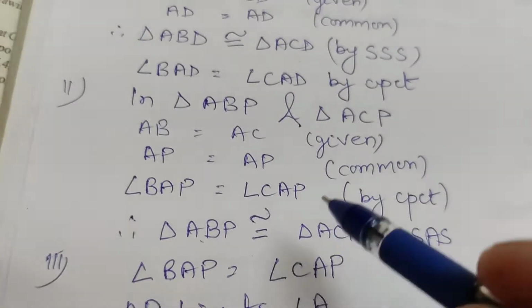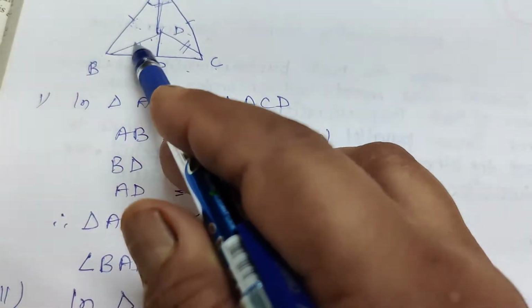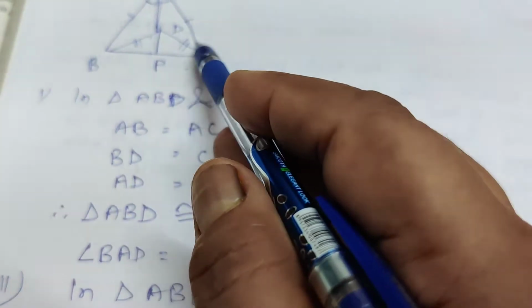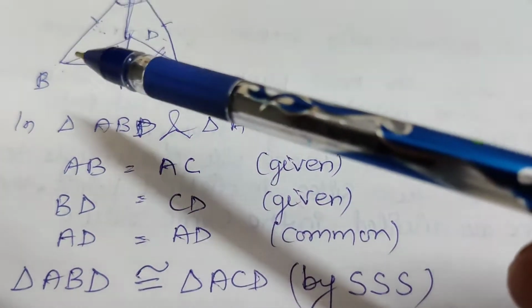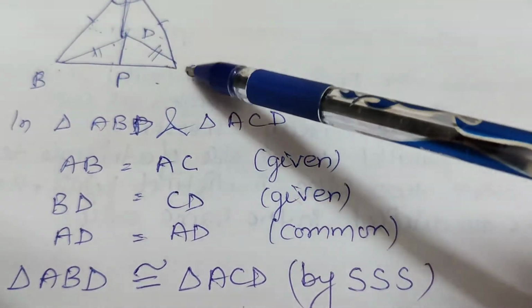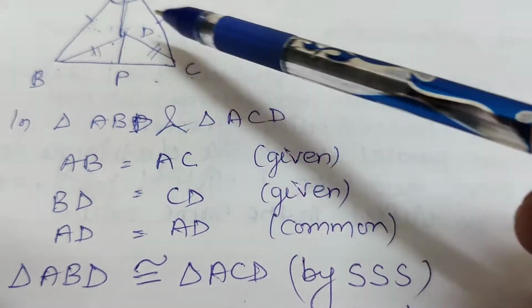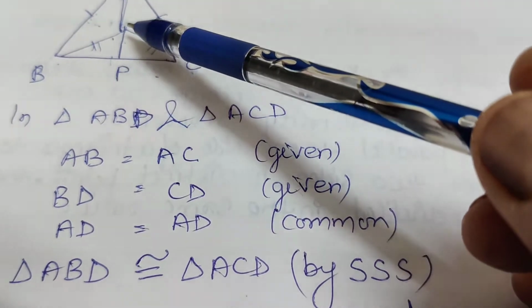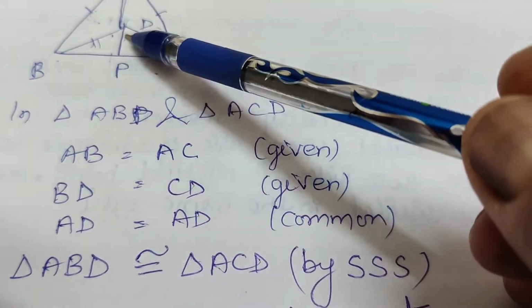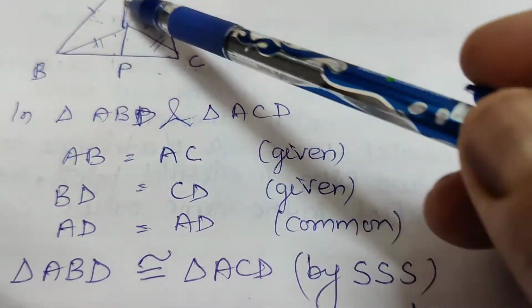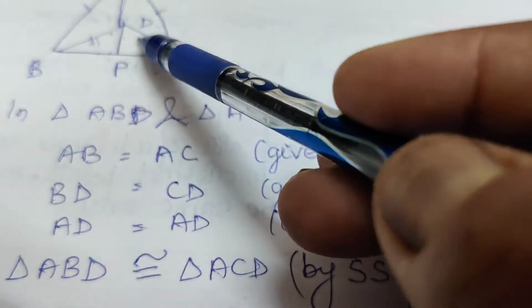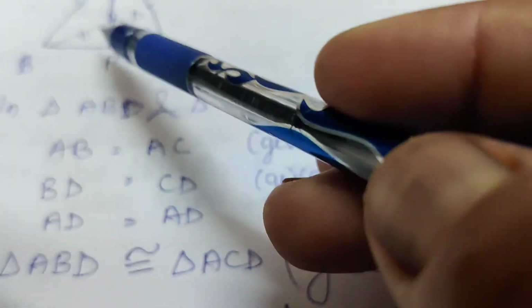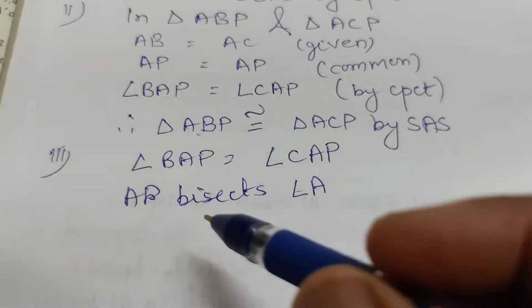Angle D, we can also prove in triangles BDP and CDP. Look, by congruency of BPD and CPD, BD equal to CD, given, DP common, and ABP congruent to ACP, therefore BP equal to CP. Therefore angle BDP equal to angle CDP. Now we have to prove the congruency of triangles BDP and CDP.